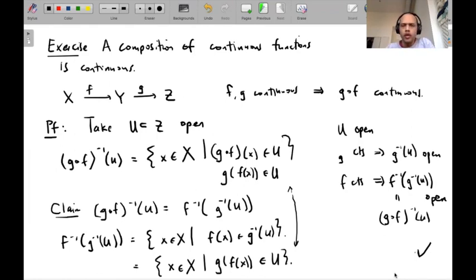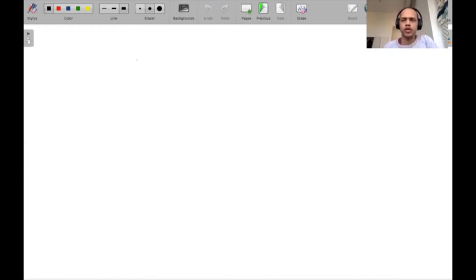Okay, so I want to do one more thing now, which is give some more examples of topological spaces.